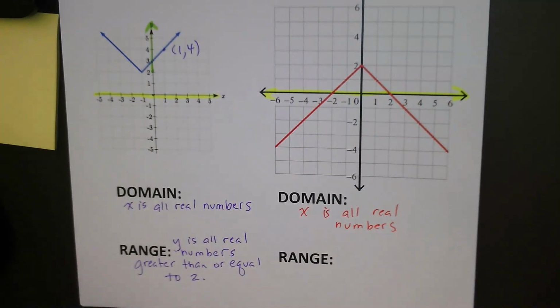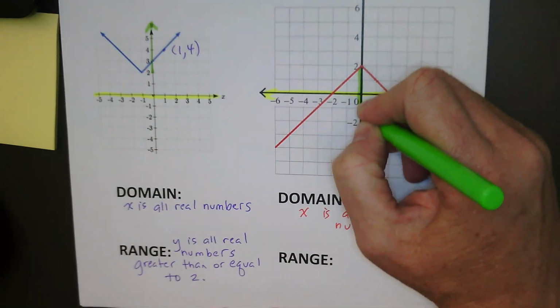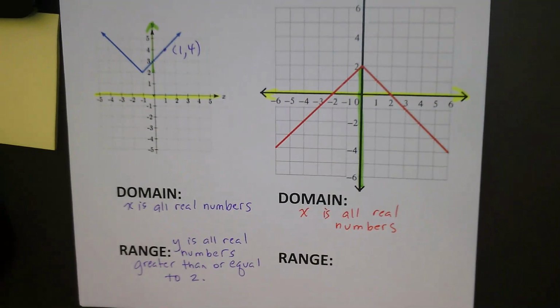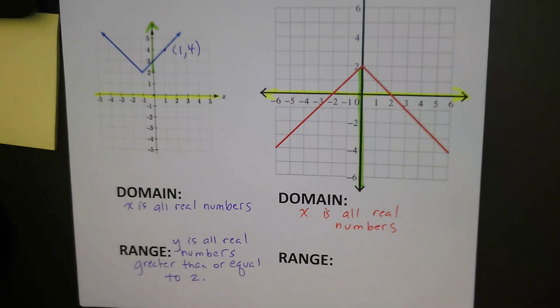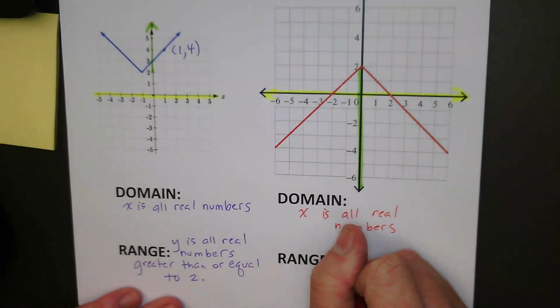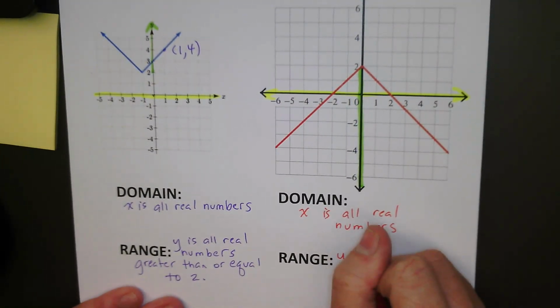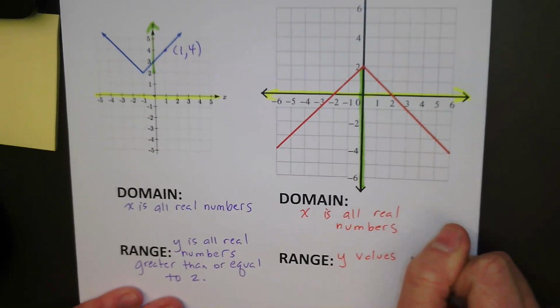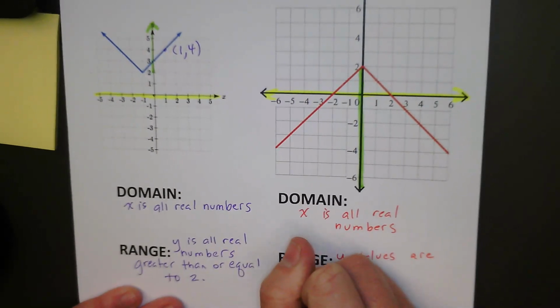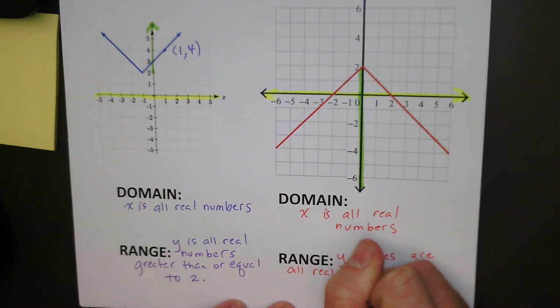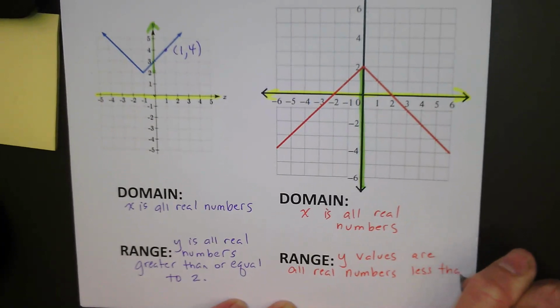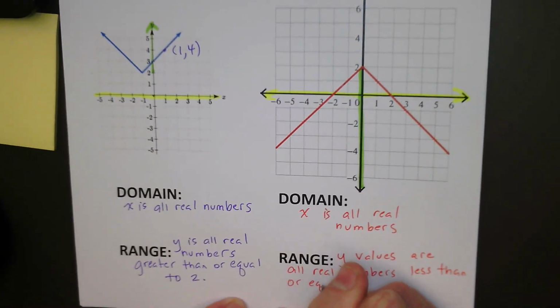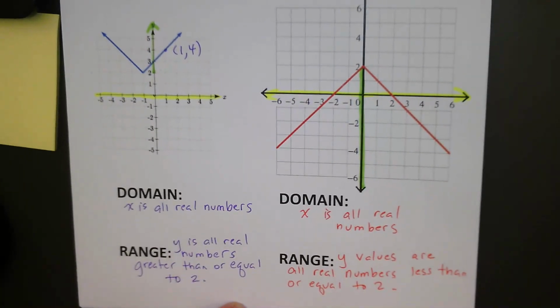Okay, now for our y-axis, this guy's been shifted up to 2 as well, but this time it's going down. So now on the y-axis, we're only going to be 2 and below. So the range, the outputs, however you want to think about it, the y values are all real numbers less than or equal to 2. And that's it.